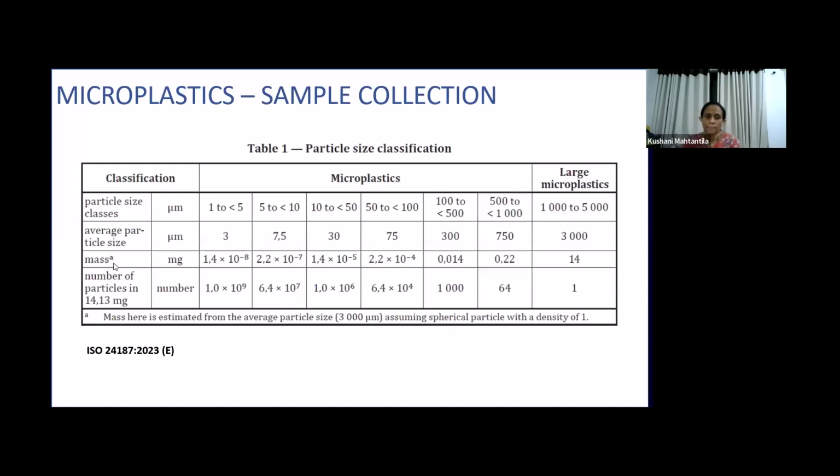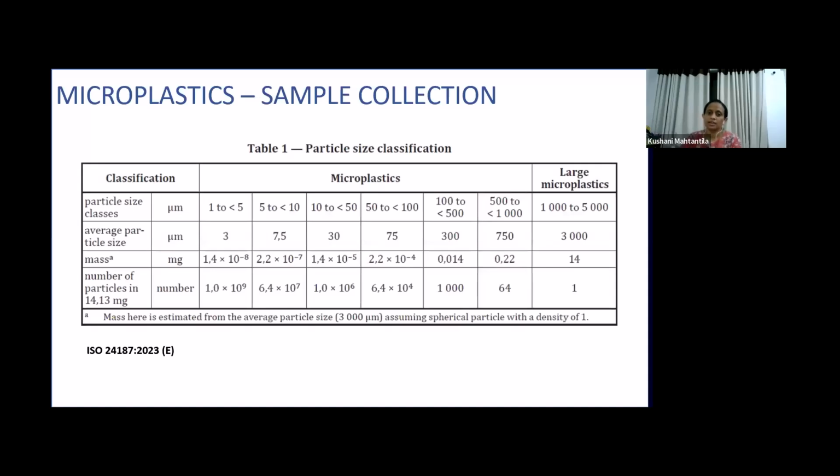However, you can see when we consider the mass of different particle sizes, here are very low masses. The number of particles which gives 14.13 milligrams in the large microplastic range is achieved by one particle, and once the average particle size is reduced to 300, that is reduced by 10-fold, the number of particles increases by 1,000-fold.